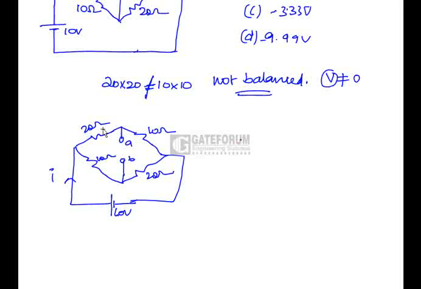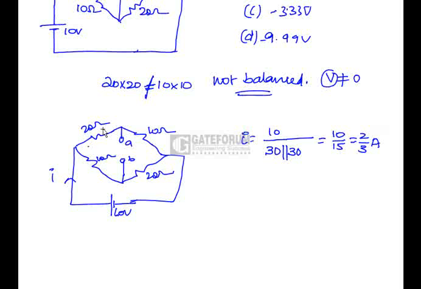Current I is equal to 10 by, this is 30 parallel to 30 ohms, so this is 10 by 15, which is equal to 2 by 3 amperes.